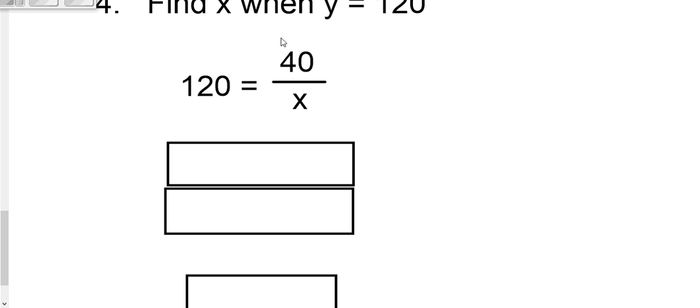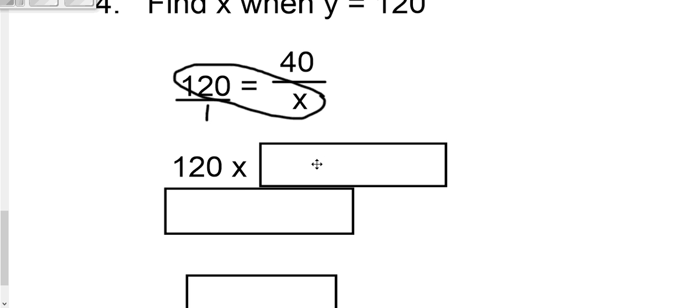So one way to solve for x, you can think of it as a proportion. We can put this over 1 and cross multiply. So one of the cross products is 120 times x. It will equal the other cross product, which is the 1 times the 40. 1 times 40 is just 40.